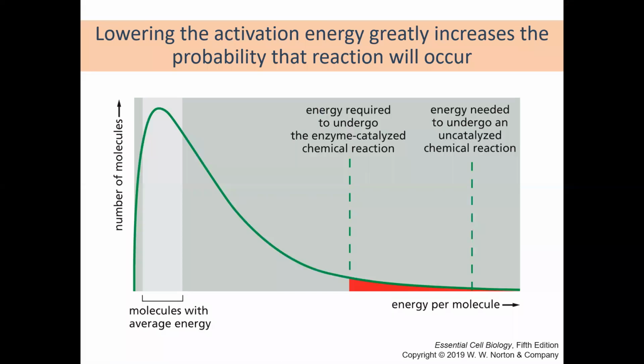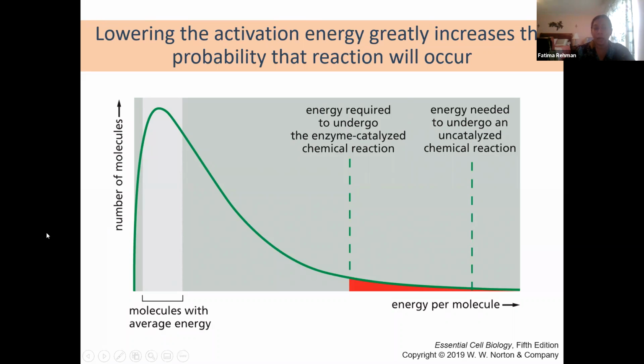Thank you. Okay. So what the enzyme can do is provide that environment, like I said, to lower the activation energy so that there is a higher probability that a reaction can occur in the system that they are in.